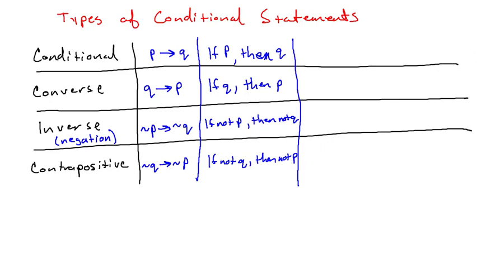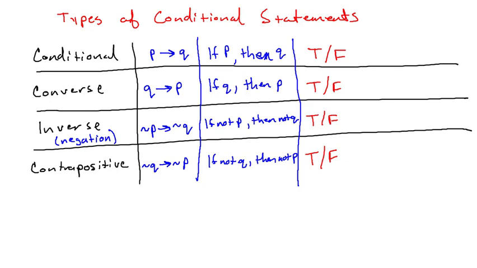Okay, all of these statements can be true or false. This one can be true or false, this one can be true or false, and this one can be true or false. You have to do what we did on that last example. You have to read each little part of the statement, decide if the hypothesis is true, decide if the conclusion is true, all that stuff.